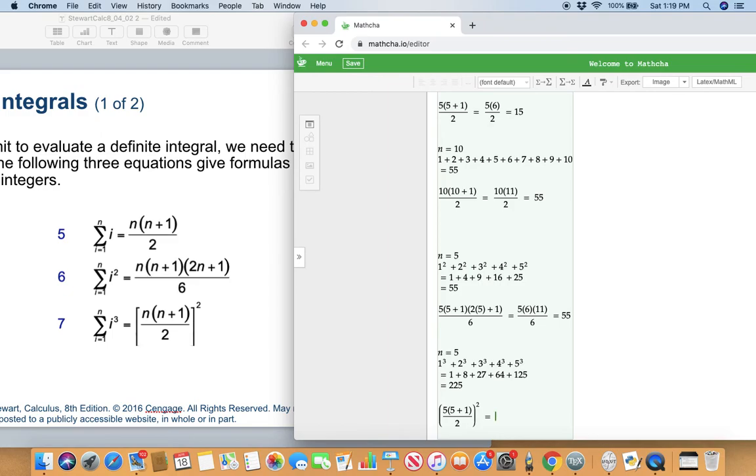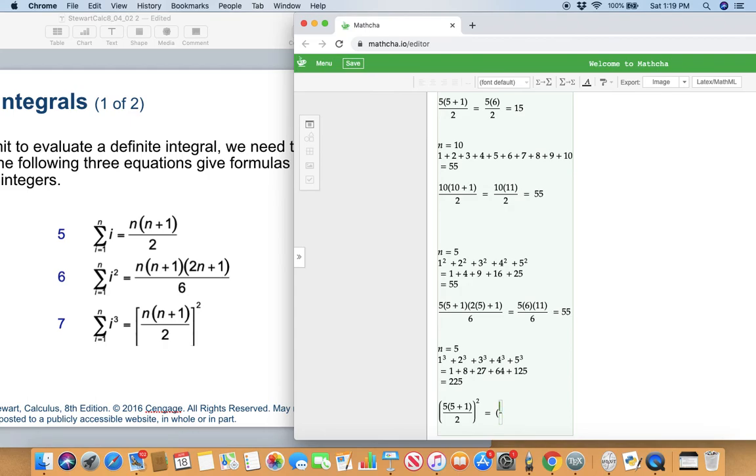So this is a fraction. Now 5 upstairs, 6 upstairs, 2 downstairs, close parenthesis, power 2. Okay, so 2 goes in 6 3 times. So that is 5 times 3, 15, power 2, 225. So we agree.